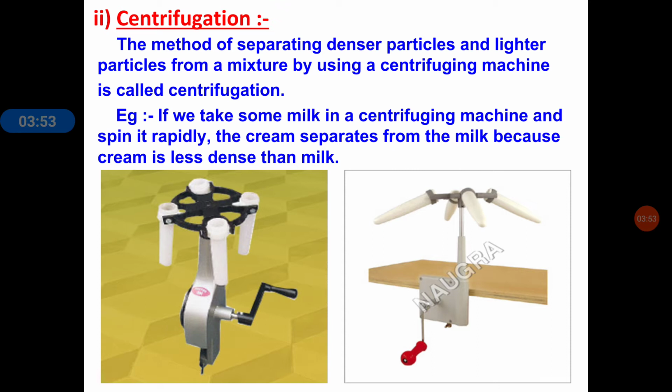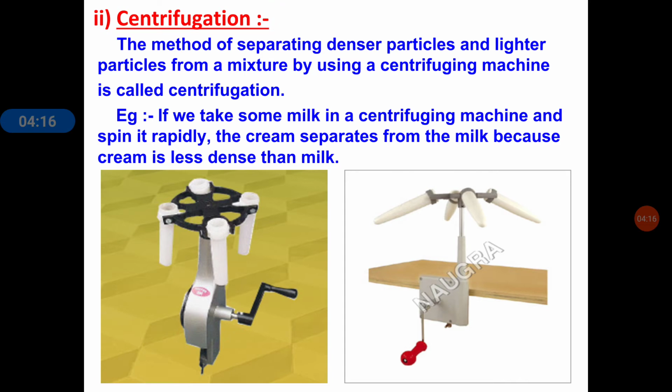So this is a method of centrifugation in which the denser particle is separated from the lighter particle. In this, the cream is the lighter particle and the butter is the denser particle. The denser particle settles down and the lighter particle floats over the denser particles. So this is an example of centrifugation.